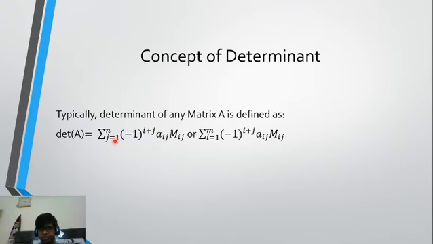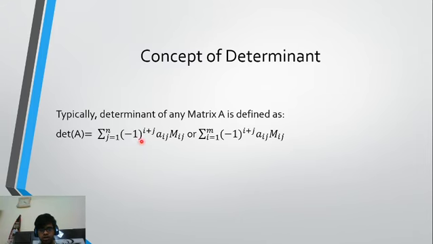Basically, here we are varying the column number and here we are varying the row number. This means the other thing is fixed. For example, if we have a particular matrix of n into n order, the determinant can be represented in 2n ways, but the answer is always the same.